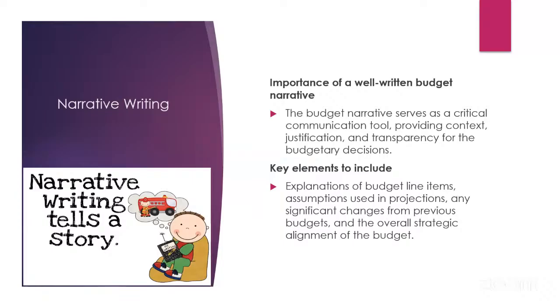So for budgeting, we have two sections, the quantitative and the qualitative. On the quantitative, we are stating figures. And on the qualitative, we are explaining those figures to the donor and stakeholders. They need to have an explanation.